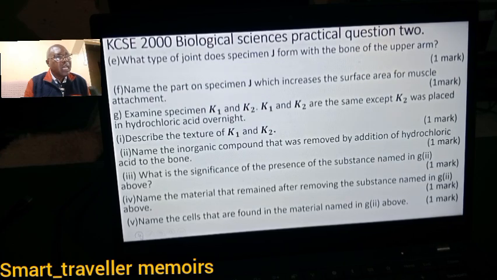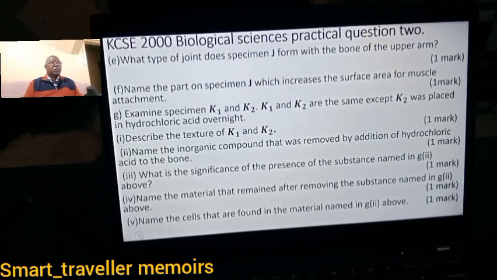Roman 2. Name the inorganic compound that was removed by addition of hydrochloric acid to the bone. What is the significance of the presence of the substance named in G above? 4. Name the material that remained after removing the substance named in G2 above. And 5. Name the cells that are found in the material named in G2 above.